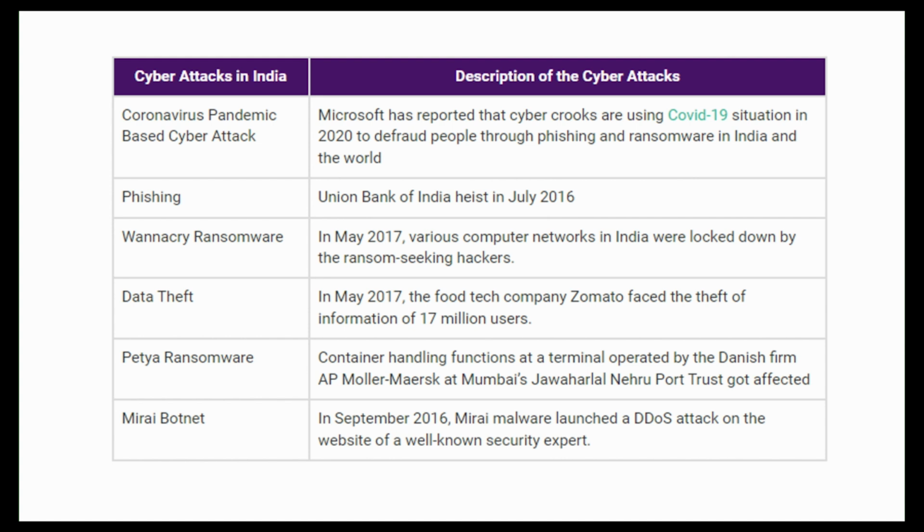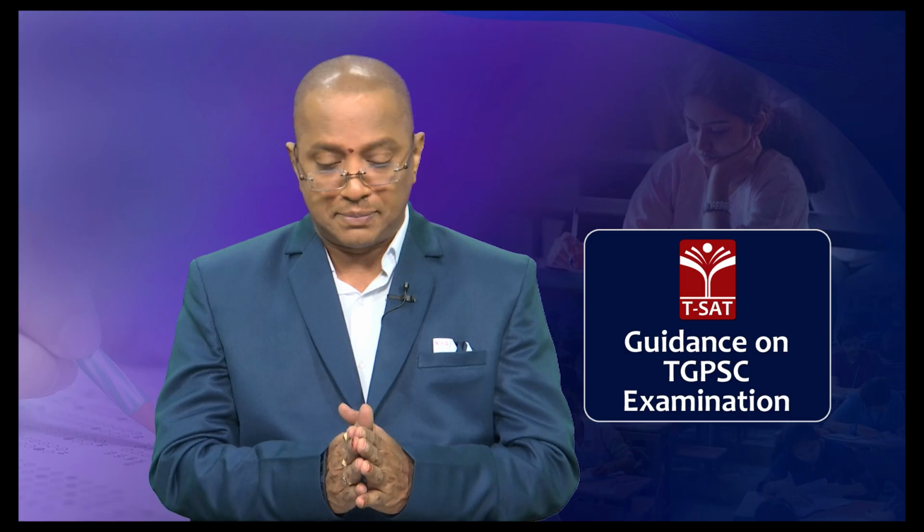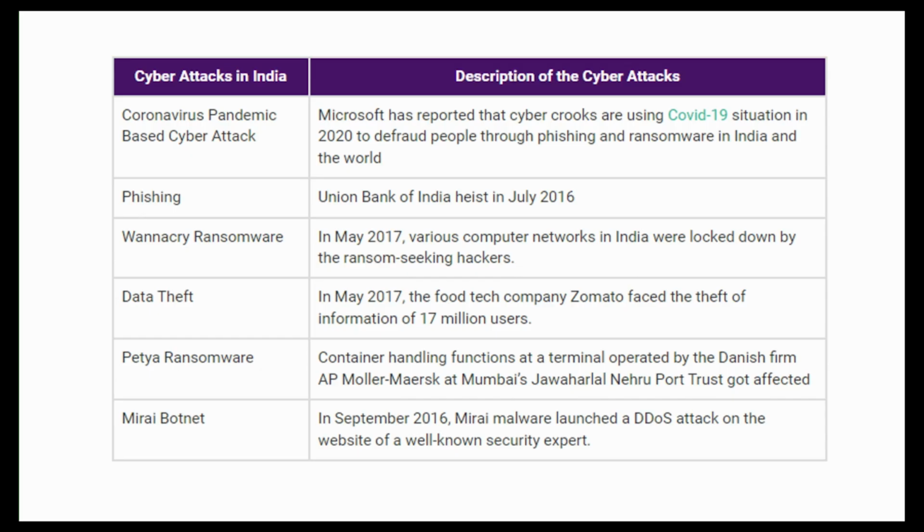And next, phishing, that is Union Bank of India, in July 2016. Then ransomware: in May 2017, various computer networks in India were locked down by ransom seeking hackers.